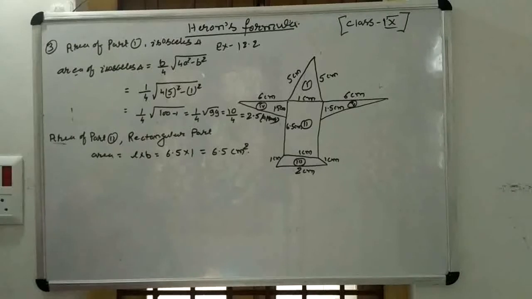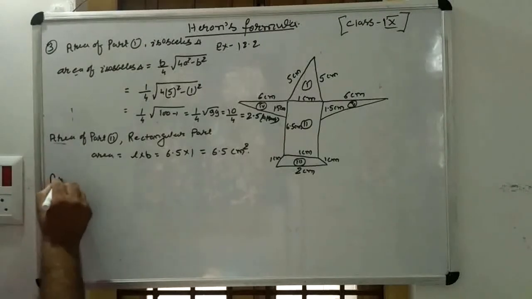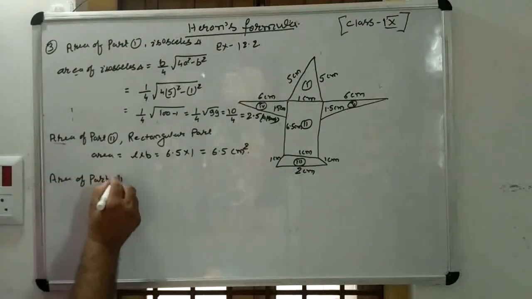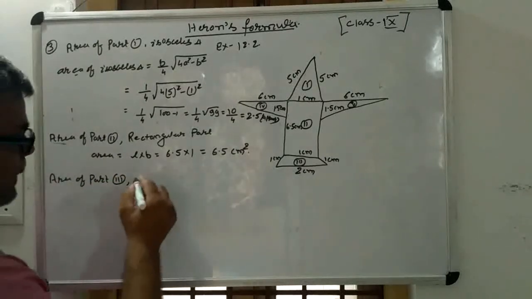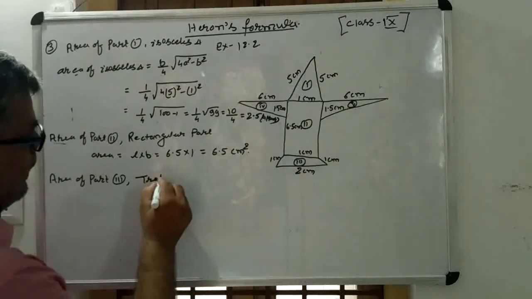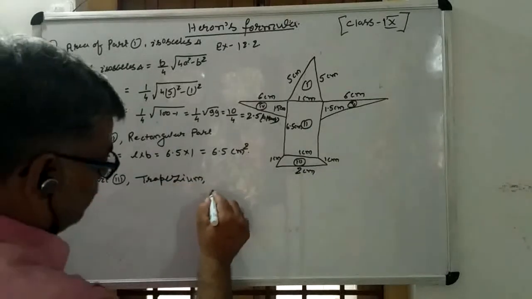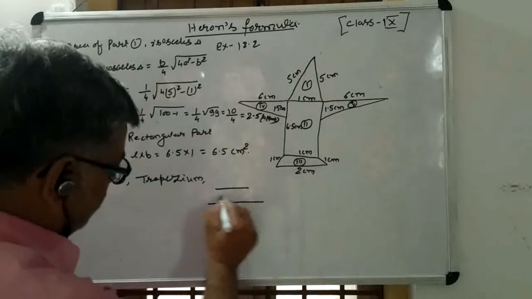Now come to the area of part 3, which equals the area of a trapezium. This is a trapezium. To calculate the area of this part, you draw a separate figure like this.